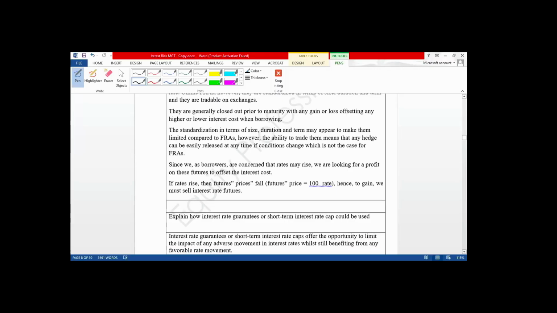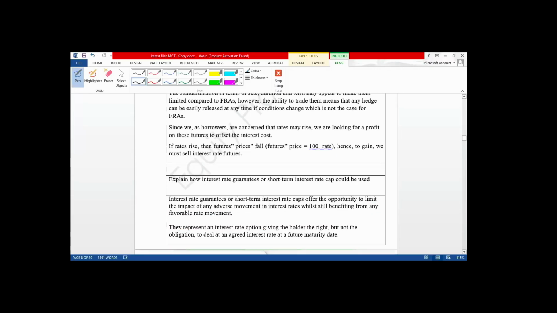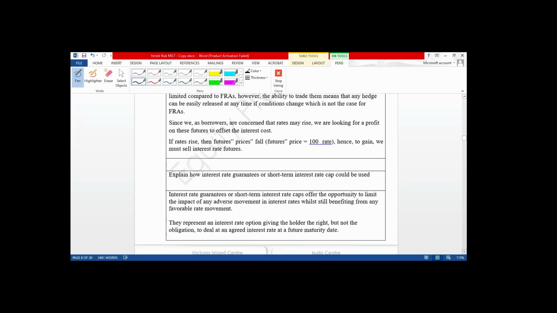Then the C part of the question says, explain how interest rate guarantees or short-term interest rate caps can be used. These are theoretical questions. What are interest rate guarantees?